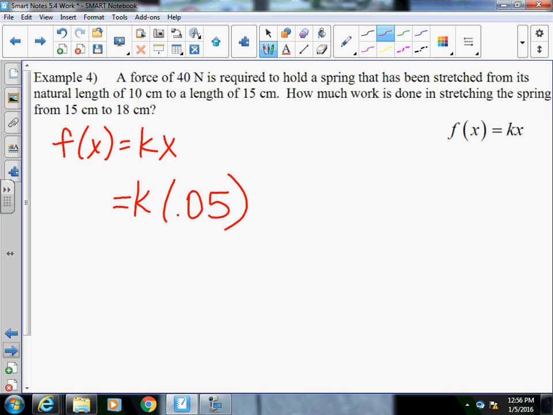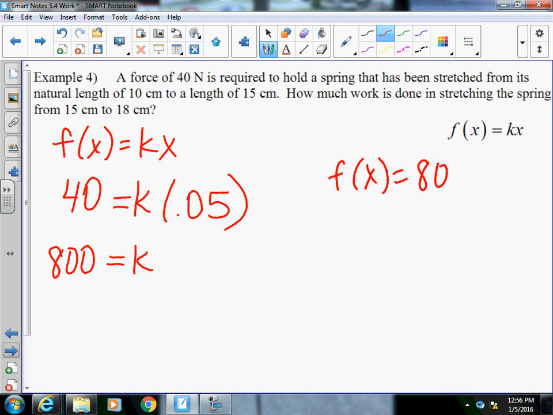We got to make sure that when you do your spring constants that you always use meters. So if that equals 40, we're going to find that our spring constant, when we solve for k, is 800. Which means for this particular spring, f of x equals 800x is the formula that we need to use.